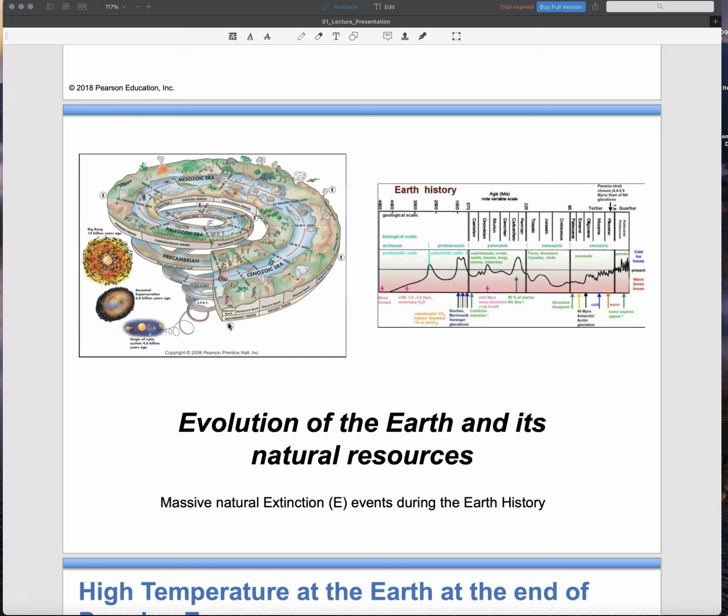So there are many people who believe that if we continue at the same rate of consumption of our energy and resources, we might face another massive extinction on the earth in the future. And what is the meaning of the future?